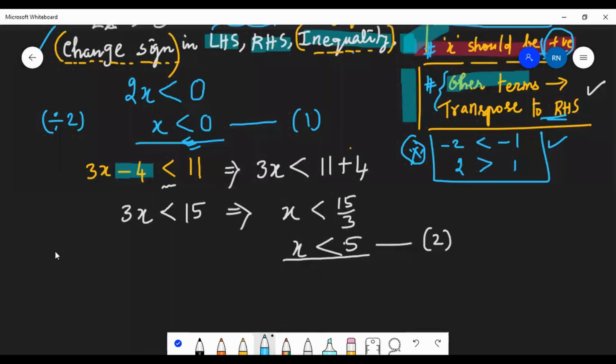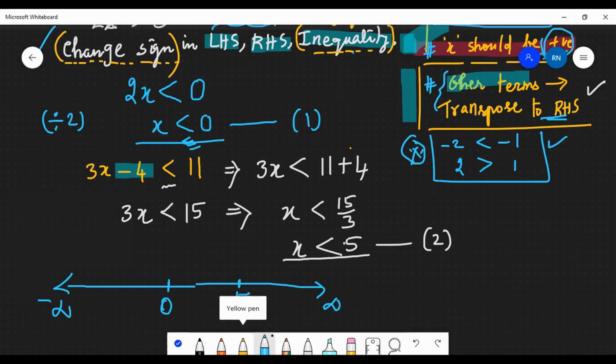So let's plot the number line, beginning with minus infinity and going to positive infinity, and we are plotting two numbers, 0 and 5. Both are less than properties. Less than means you start from 0 and keep your shading, your solution, to the left.